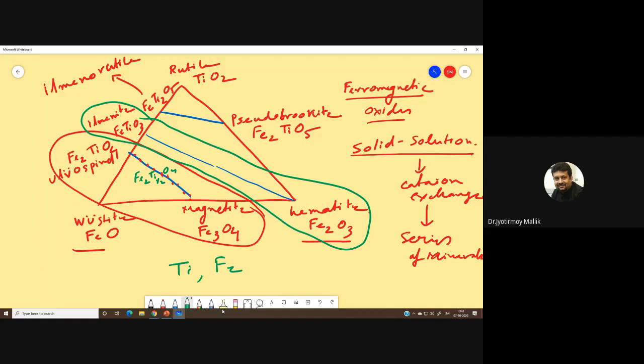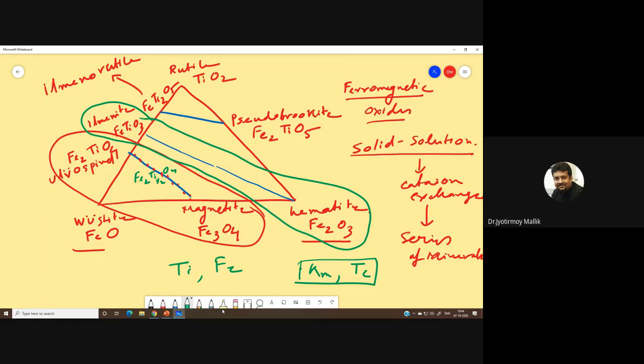But the moral of the story is, by substituting the third iron in the cation site with titanium at different fractions, I can change two things: the bulk susceptibility value and the Curie temperature, slightly.